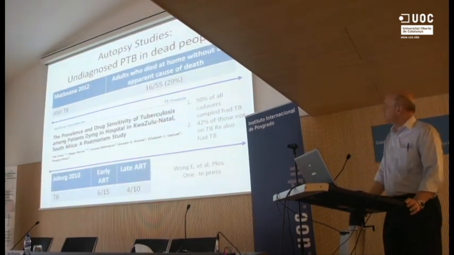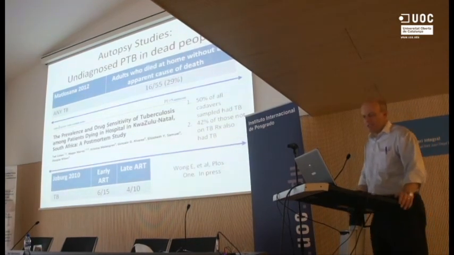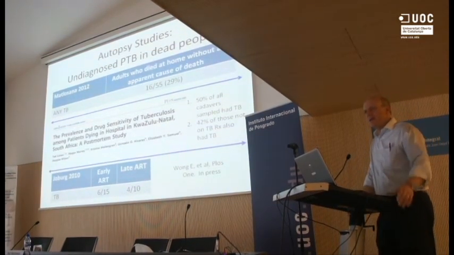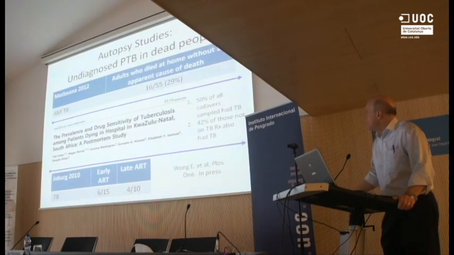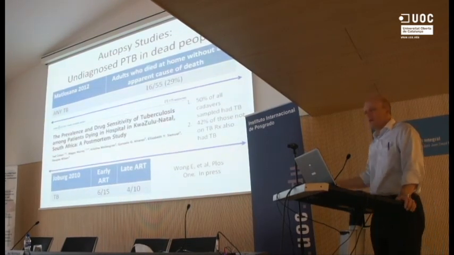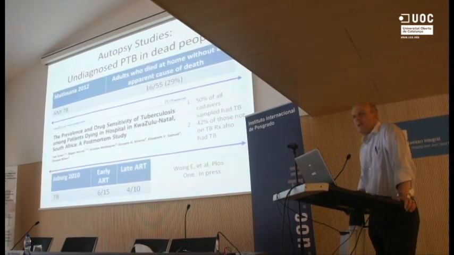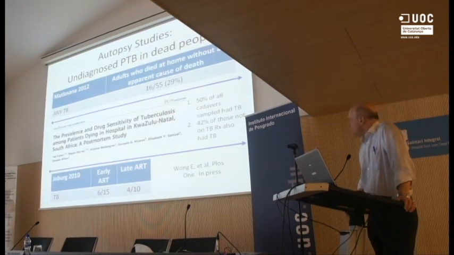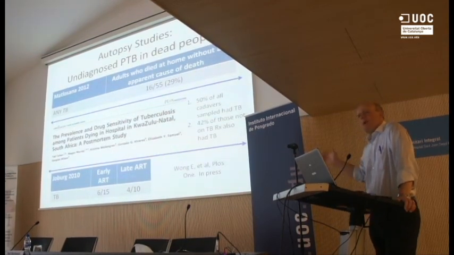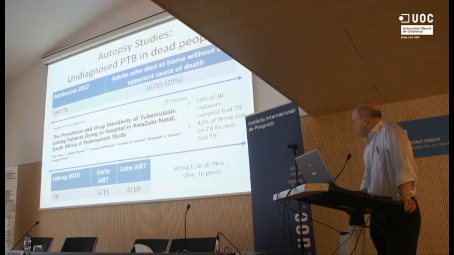The other study was done in a hospital in KwaZulu-Natal, where they did a similar study design, and they found that 50% of all the cadavers that they sampled had evidence of TB. Some of these patients were already on TB treatment.